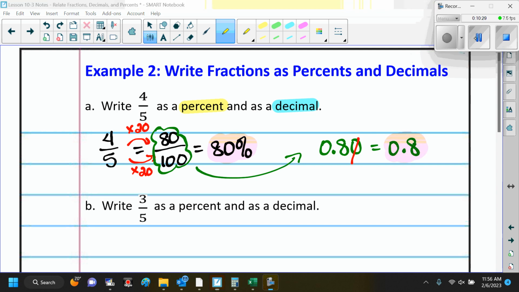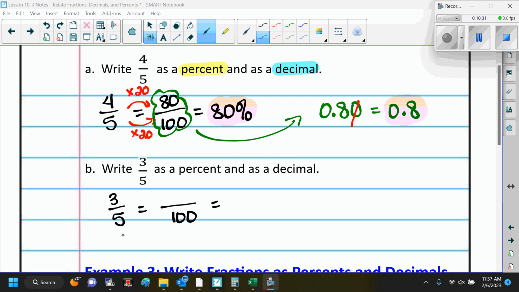So we're starting with 3/5. We want to write that as a percent. Okay? So the first thing we're doing is we're writing as a percent. So percent again means per 100. So what am I going to do to get 5 to 100?